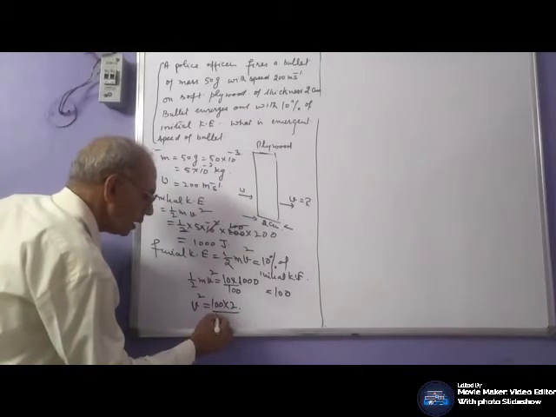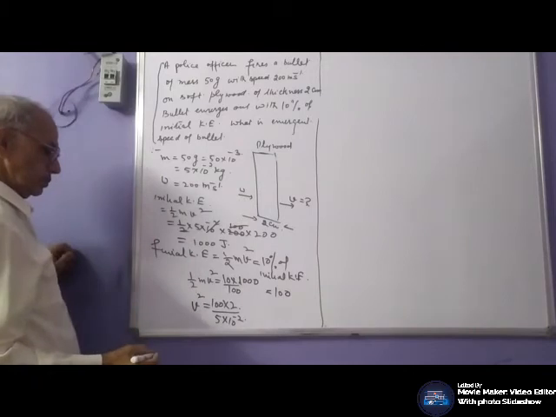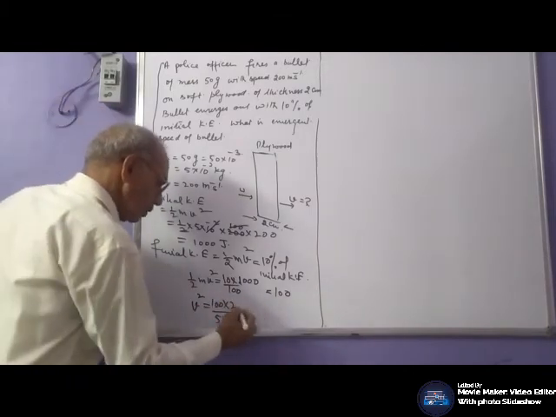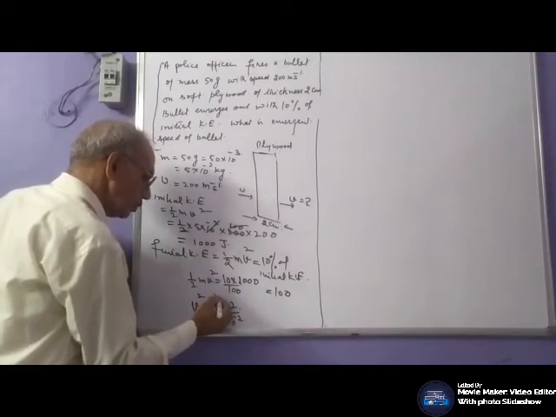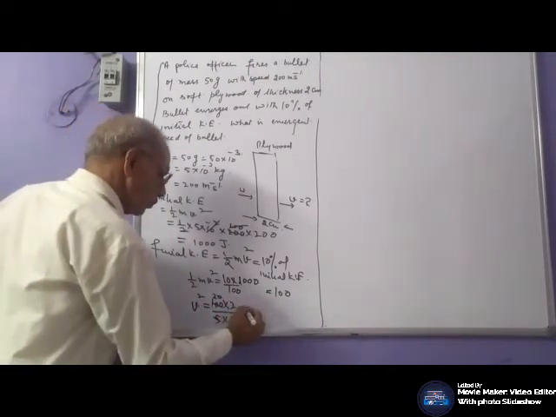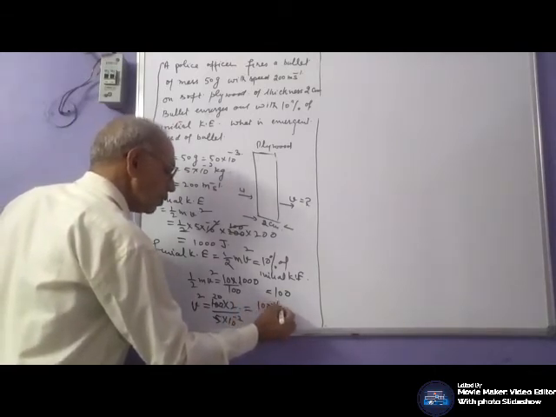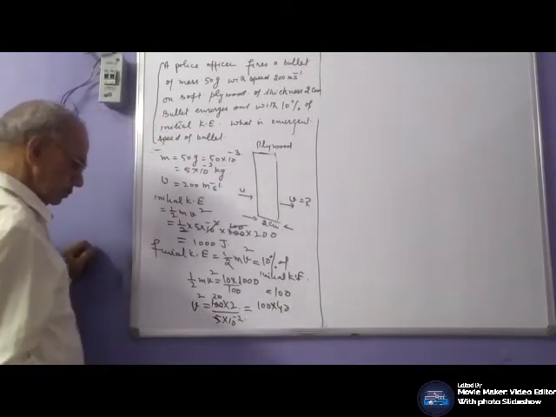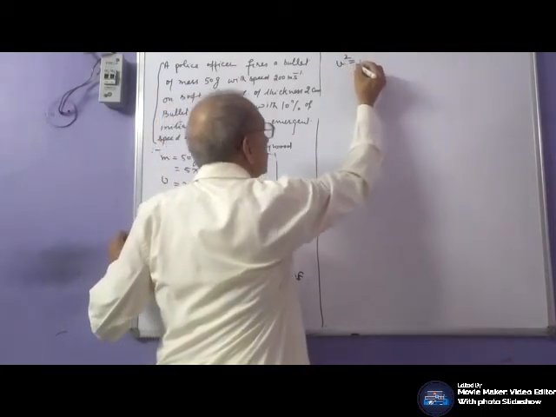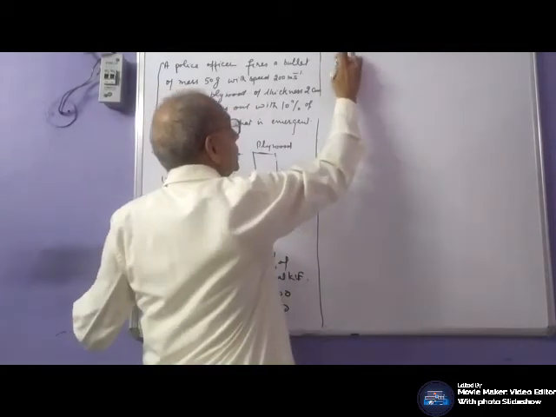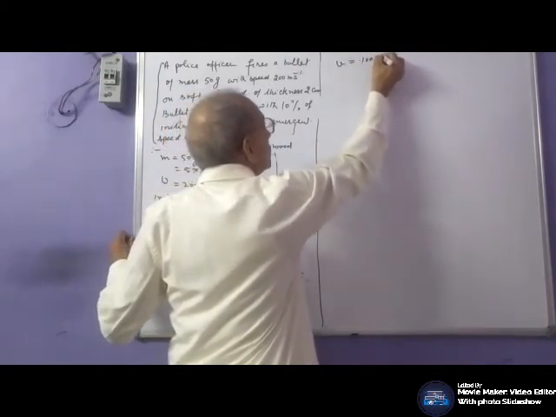M was 5 into 10 to the power minus 2. It is what? 20. It is what? 100 into 40. V square. V is root of 100 into 40.